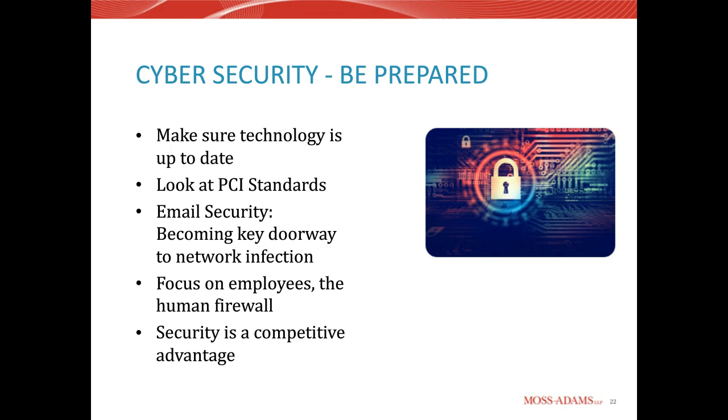Focus on employees, the human firewall. This is again very important. In my world, I always say humans are the weakest link. So you may have the best network security, database security, operating system security, all that stuff. But if you have a high-risk employee, and he or she has a lot of high-power rights, if he or she clicks on something, and that gives somebody the information that they need to come in, then it will defeat all the controls you have.